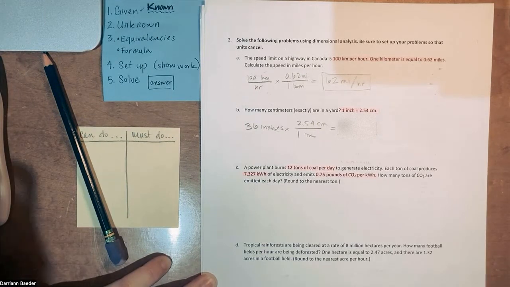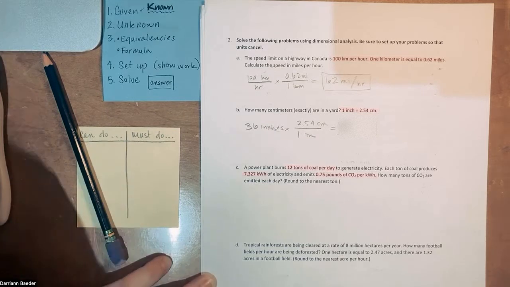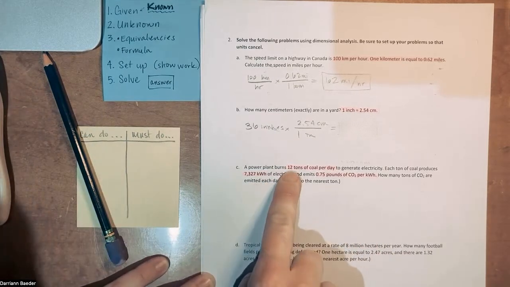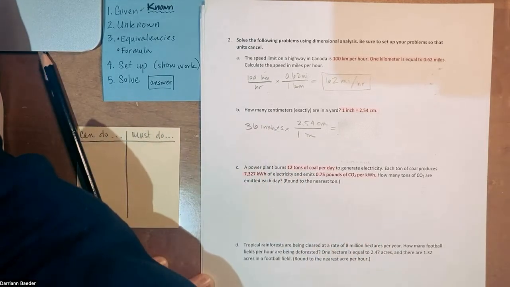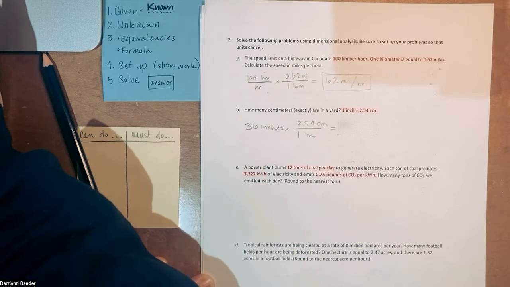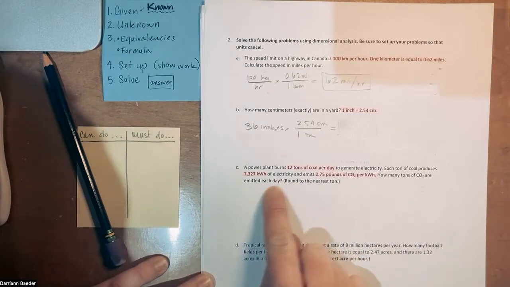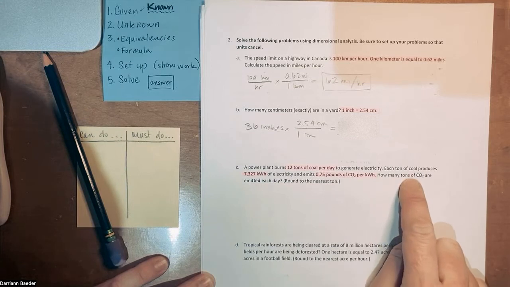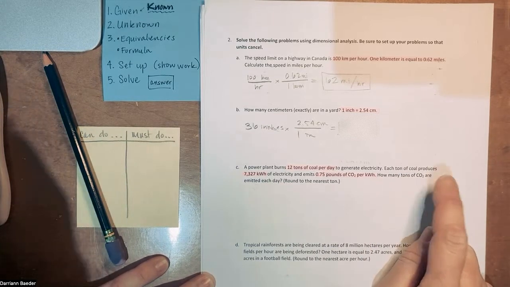All right. So we start off with, we're given that there's 12 tons of coal being burned a day, and we're being asked to answer how many tons of CO2 are emitted each day.